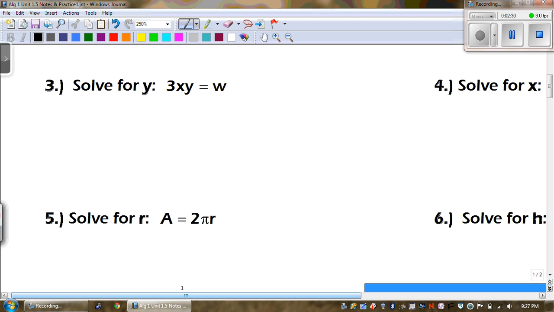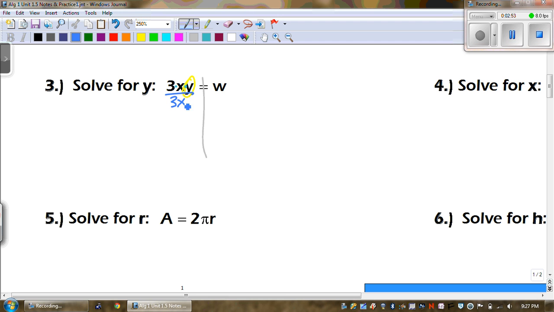Now let's try a different one. It says solve for y. So there's the y, but what operation is going on? Remember, if everything's all next to each other, it's multiplication. How do we get rid of multiplication? You get rid of multiplication with division.